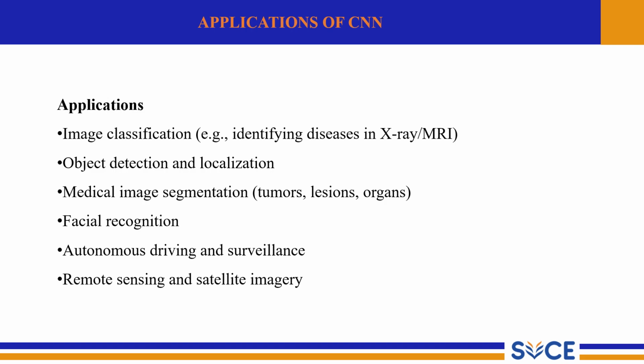Remote sensing and satellite imagery. It analyzes satellite images to detect land features, water bodies, vegetation, or urban areas. So CNNs are extremely versatile, capable of handling tasks from medical imaging to autonomous driving and beyond, making them the backbone of modern computer vision.